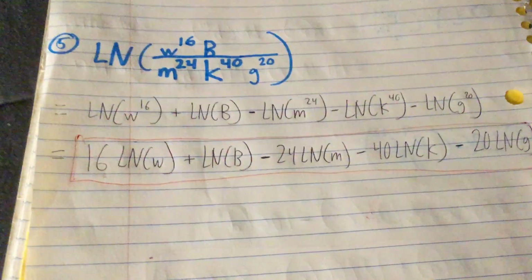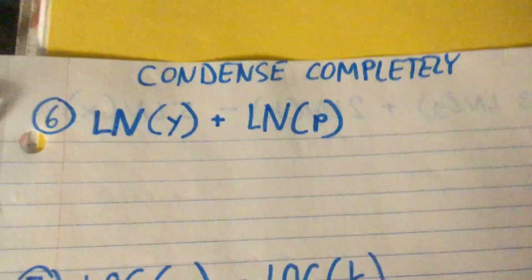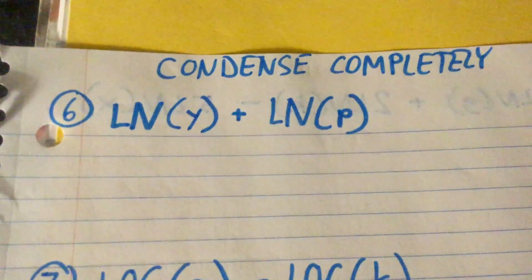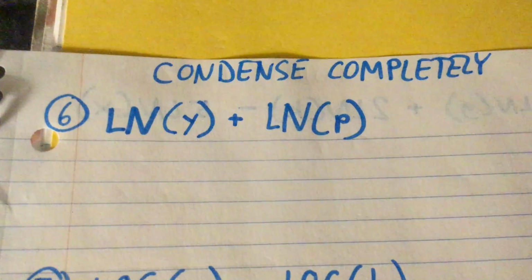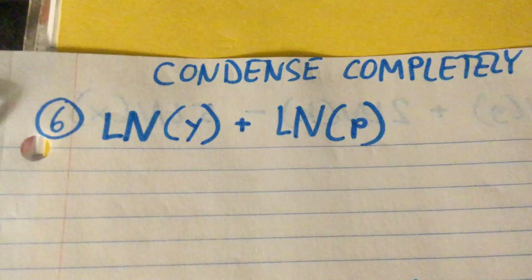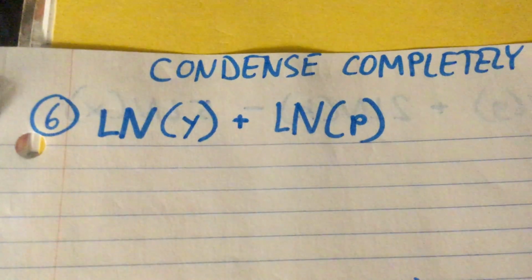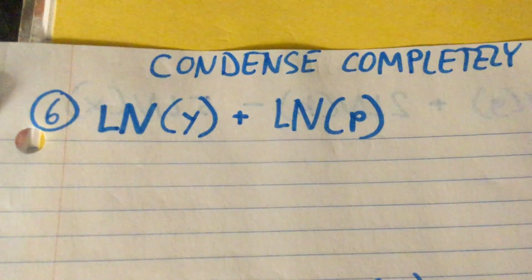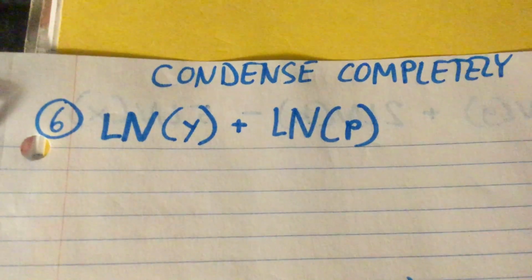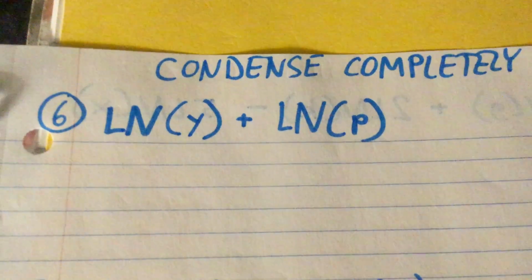Okay, now moving on to condensing logarithms. What happens if it's expanded and you want it together? The natural log of y plus the natural log of p. Well, if it's expanded as addition, how do I bring it back together?